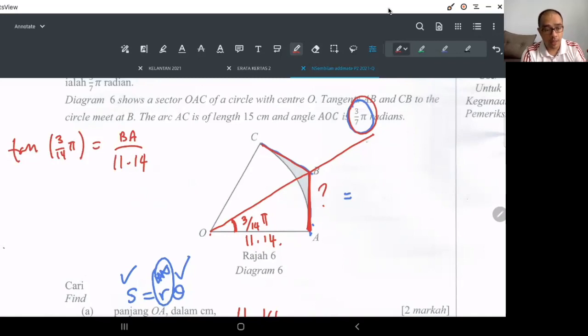Now if you're not going to change your calculator into radian mode, make sure you change this into degrees. So this will be 3/14 times 180, and you get about 38.57 degrees. How to change this to degrees? Just multiply by 180. Nothing much here.